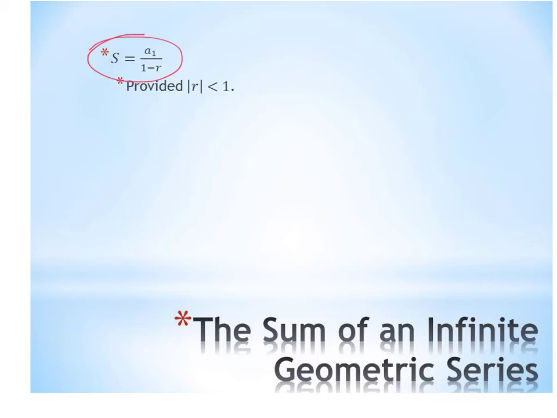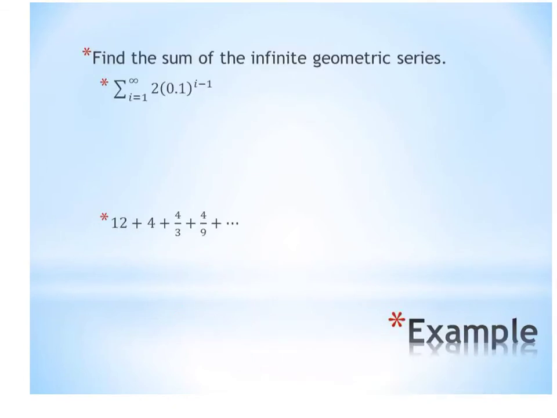So let's look at a few. Find the sum of these infinite geometric series. You just write down s equals a sub 1 over 1 minus r. So this is going to be s equals, well, we have to know our first term. If I put in a 1, 1 minus 1 is 0.